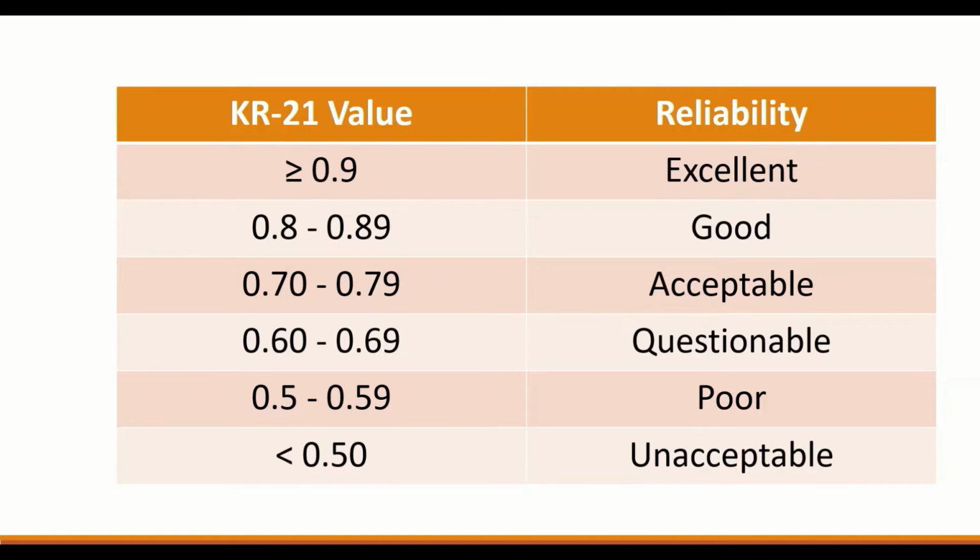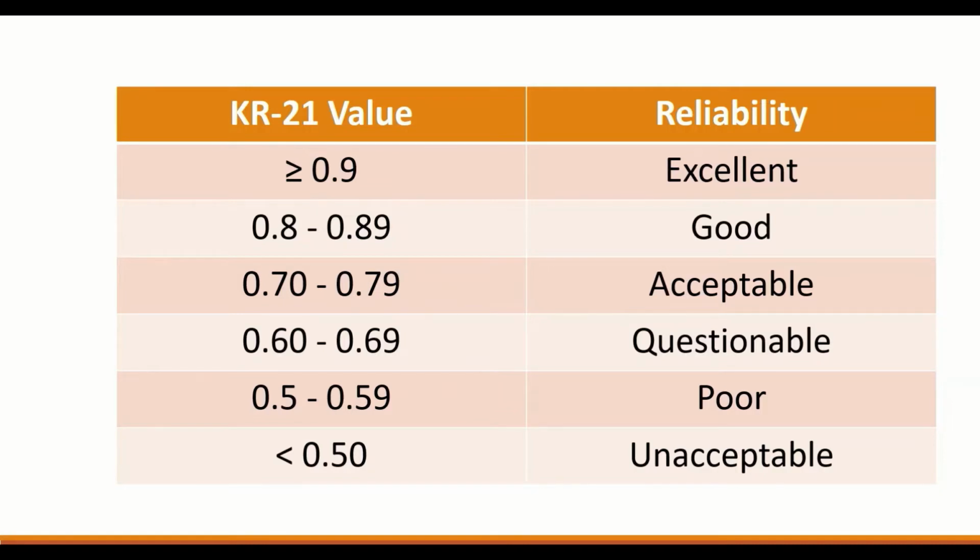A KR21 value between 0.8 and 0.89 is considered a good reliability. A test will have an acceptable reliability when the value for KR21 is between 0.7 and 0.79, and a questionable reliability when the value ranges between 0.6 and 0.69.